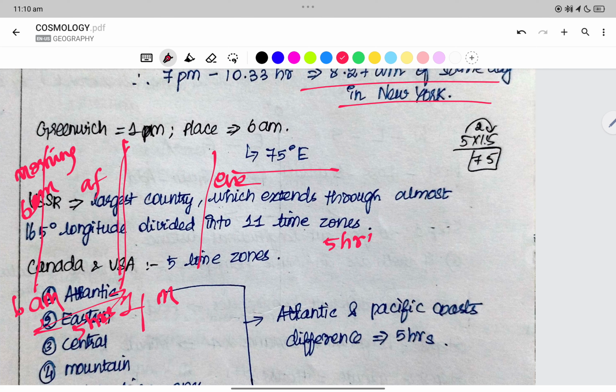Now 5 hours we first have to convert into degrees, right? So for hours we do 1 into 15. It is 75 degrees, and this place is at the west. It is not east.